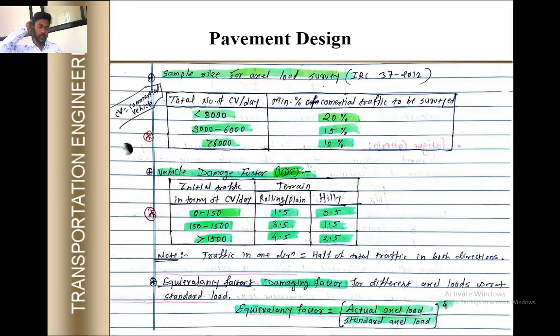Then below that, as we discussed in the last lecture, the sample size for the axle load survey. What is meant by the sample size? Whenever we are designing the road for CV, that is commercial vehicles, we also need to check whether these commercial vehicles are traveling with their specified loading.